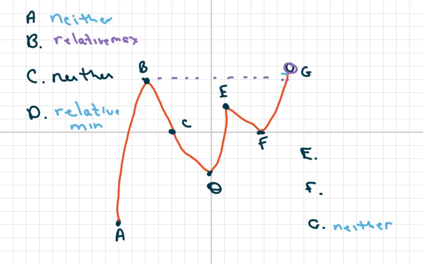It would be a max, but my A is lower, even though my A is not a min or max. Sometimes in pre-cal we call these local. In calculus we'll call them relative. E is going to be a relative max. And F is going to be a relative min.